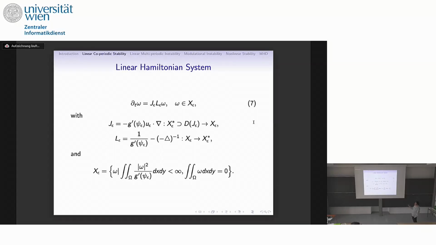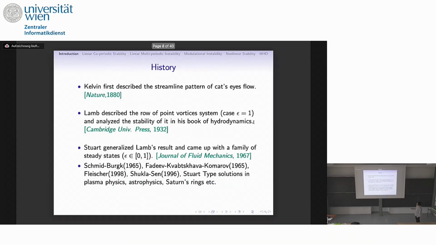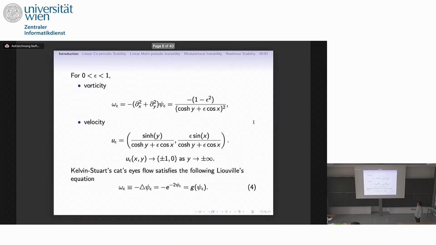This is very reasonable, actually physical, because the integral of the vorticity is equal to 2 pi times the difference of the limits of the velocity at infinity. Remember for our steady flow, the steady velocity tends to non-zero limits at infinity, plus or minus 1, 0. So when you do the perturbation, we want to keep this asymptotic limit.